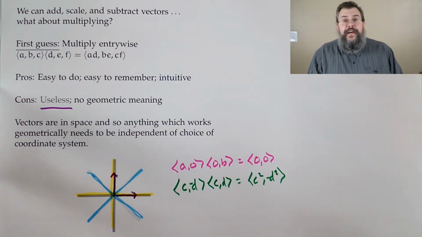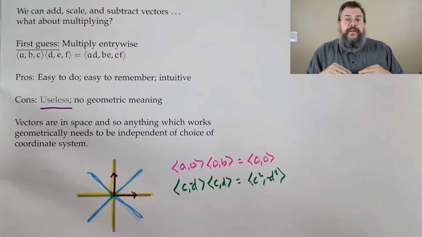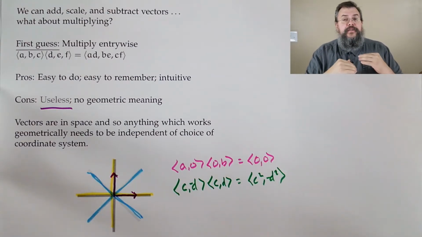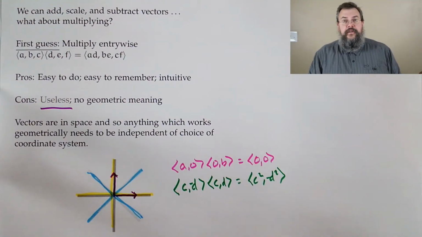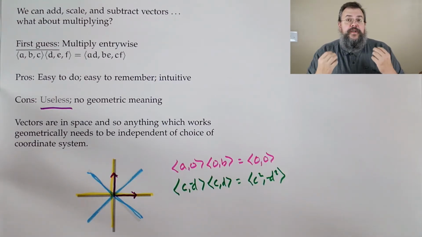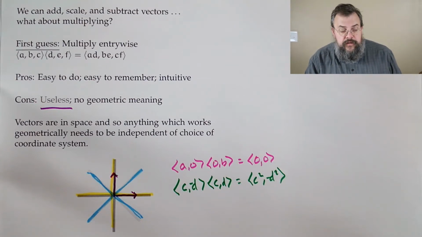It's not the 0 vector. And so we see, aha, this particular product of vectors is dependent on the description of space. And once we have that, we throw it away. We can't use it. We're looking for some nice product where, when we combine vectors together, there's an interpretation that is independent of how we choose to describe our space.